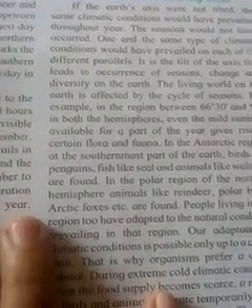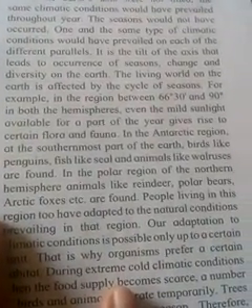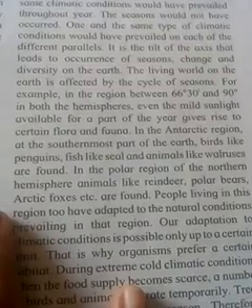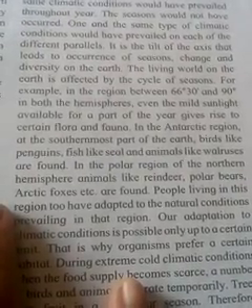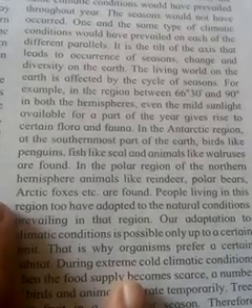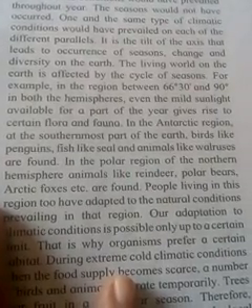The living world on the earth is affected by the cycle of seasons.